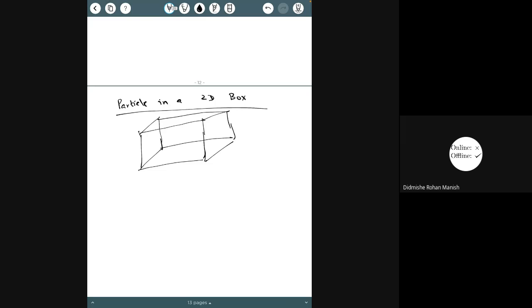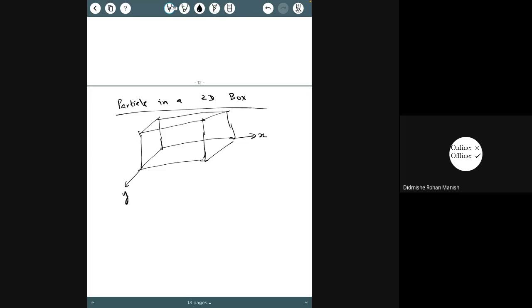So it can move in x and y directions. It can move inside this box, but otherwise there is an infinite potential in other places.